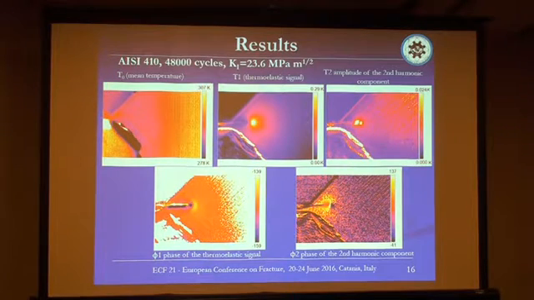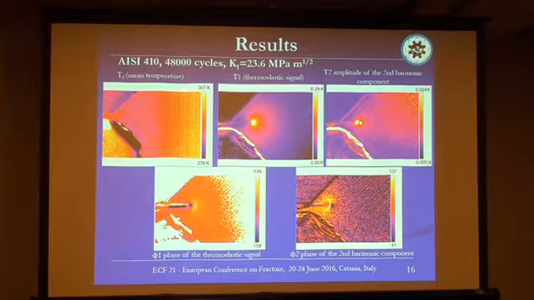Here we can see the images obtained for the 5 parameters considered, for the martensitic stainless steel at a stress intensity factor of 23.6, at 48,000 cycles.